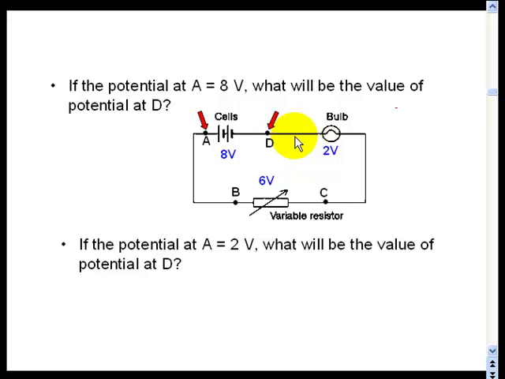If the potential at A is equal to 2 volts, what will be the value of potential at D? It is minus 6 volts. 2 here, minus 6 here.